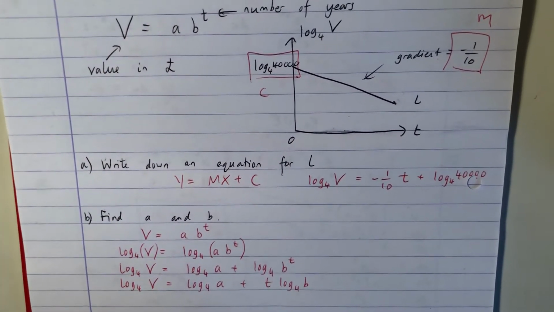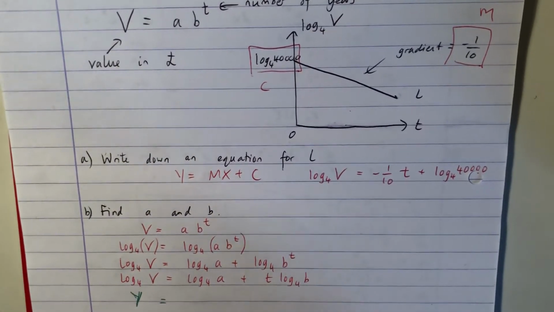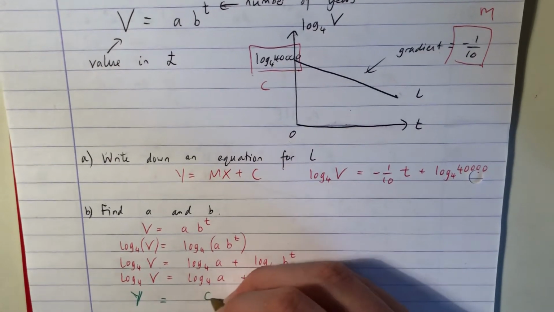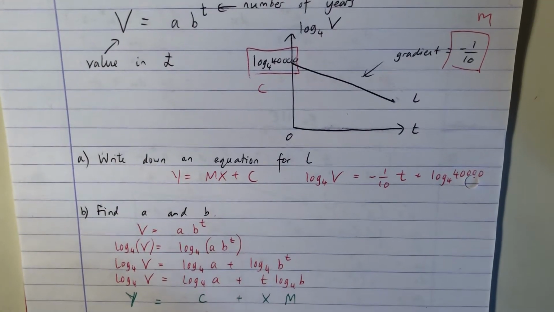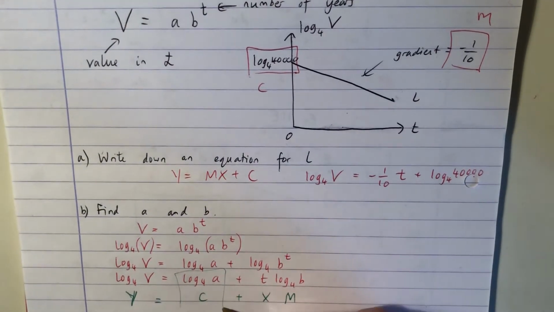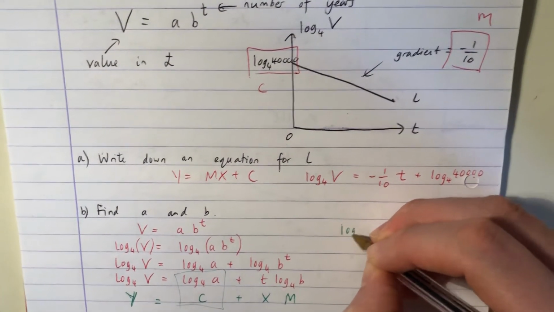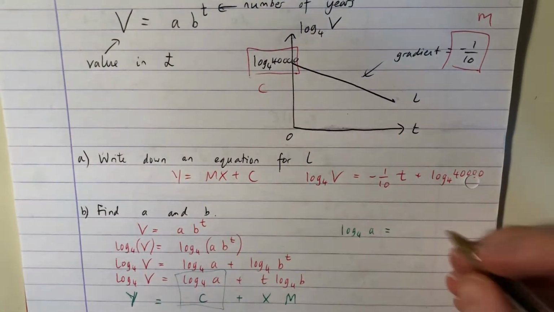If you compare that to the straight line, that's your y again. That is your m, that is your x, and that is the plus c. And by that comparison, the y-intercept pairs up with that. So log base 4 a needs to be equal to log base 4 of 40,000.